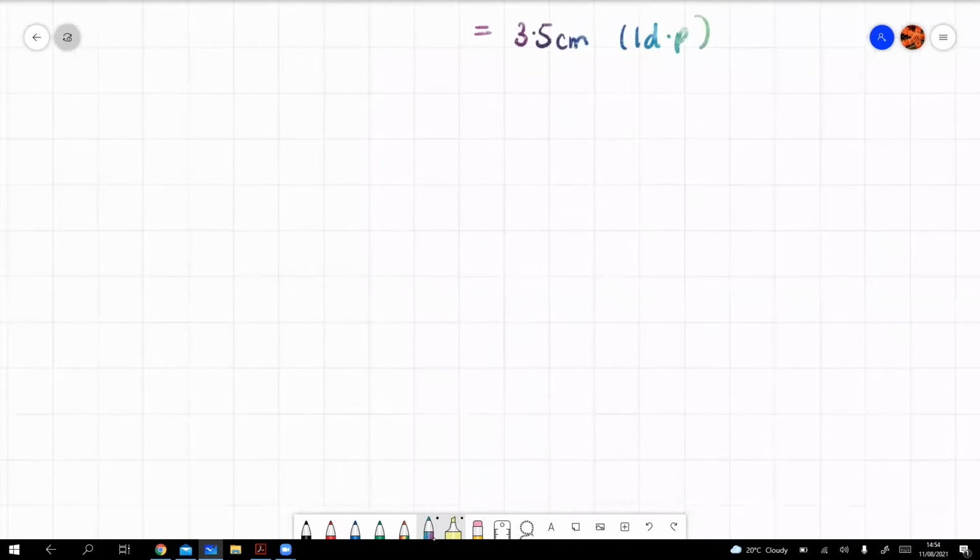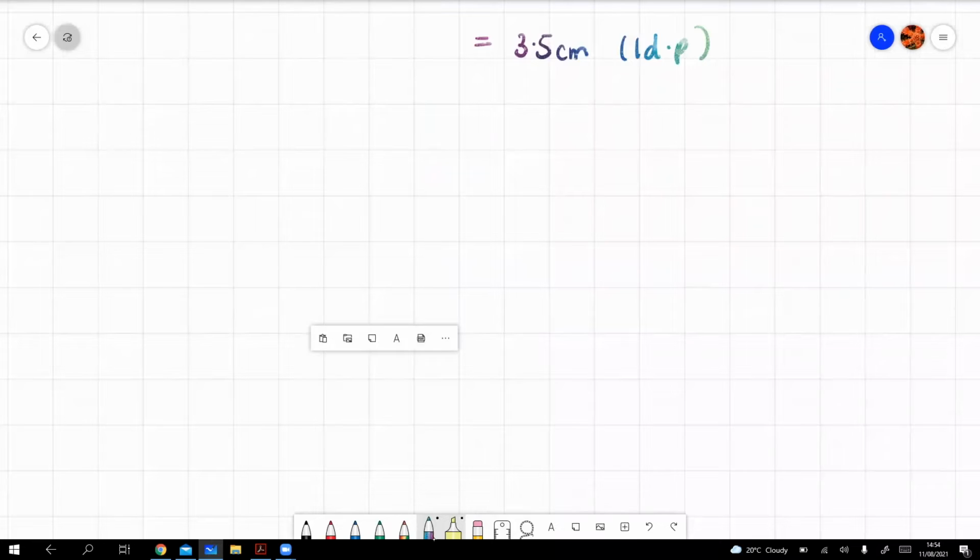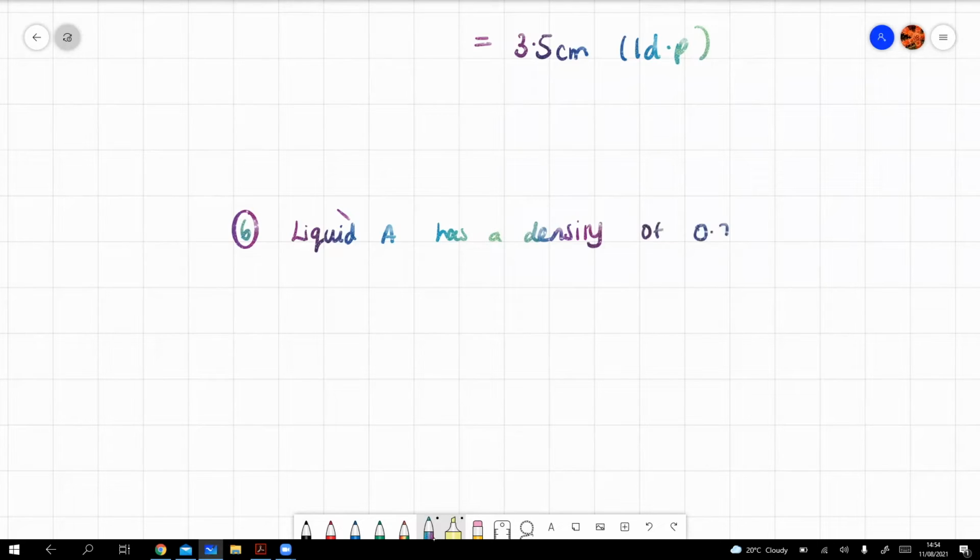Let's have a look at another question before we leave. Example number 6. Liquid A has a density of 0.7 grams per centimeter cubed.